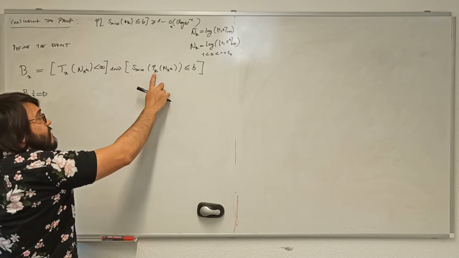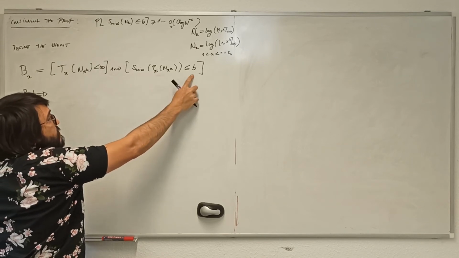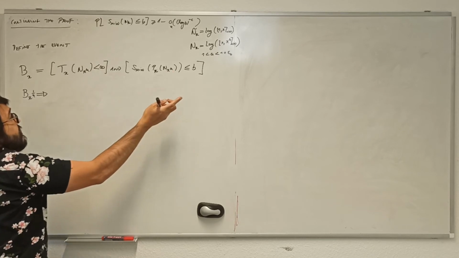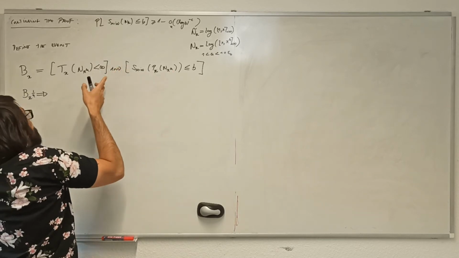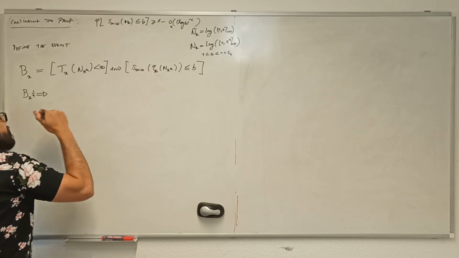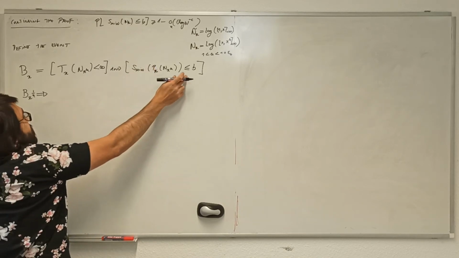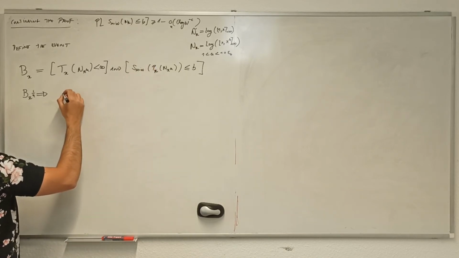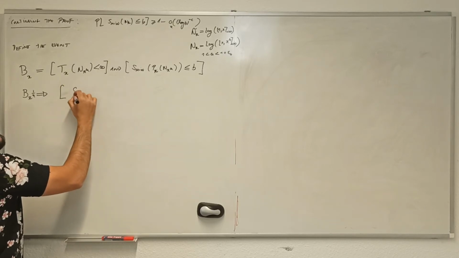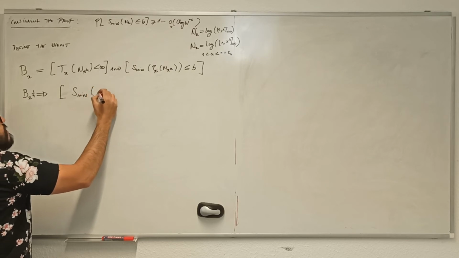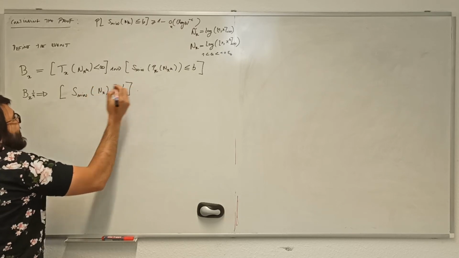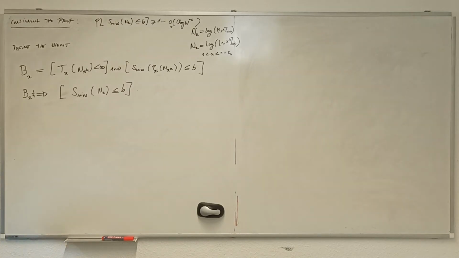Well, if S mean of P of anything is less or equal than B, then S mean of this thing is less or equal than B, because it's just taking the same orbit, and the mean can be smaller or not, but it's less or equal than the same upper bound. So that implies the event that S mean of nx is less or equal than B. Okay?